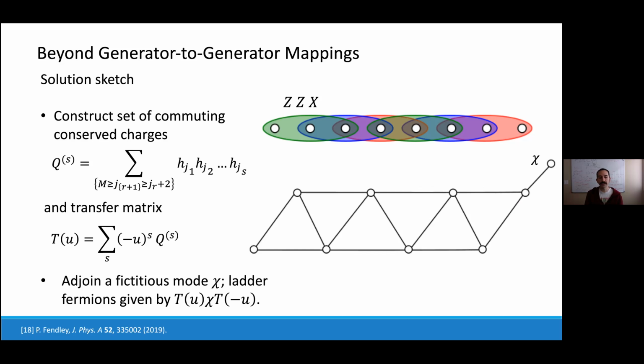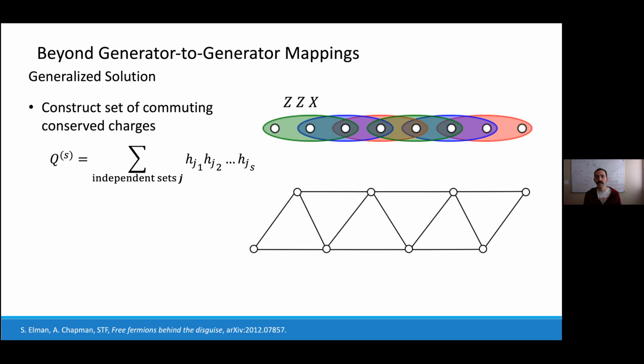So I don't have time to go into any more detail about Fendley's solution, except that it was really tantalizing because it seemed to be a very radically different solution method that still nonetheless mapped things to free fermions, and it seemed to be very specialized to this specific chain. So what's going on here? Wasn't really clear.